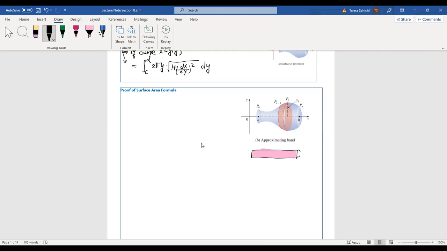What is this side? This is the segment length between the previous point and the next, so it is the length of this arc. And then this other side, what is its length? This will be the circumference.